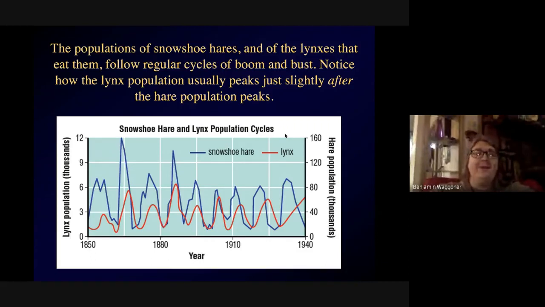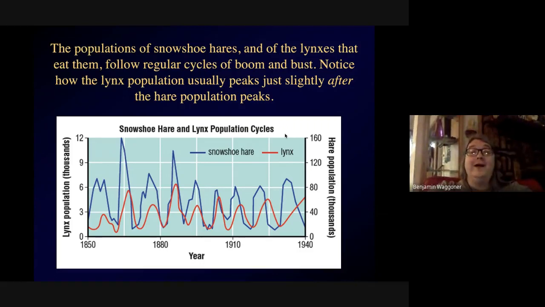The hare population peaks, and then after that, the lynx population reaches its peak just a little bit after the hare population does. So it's not something like climate or temperature, because that would affect both hares and lynxes equally. The reason for this pattern comes from the way that the populations interact.